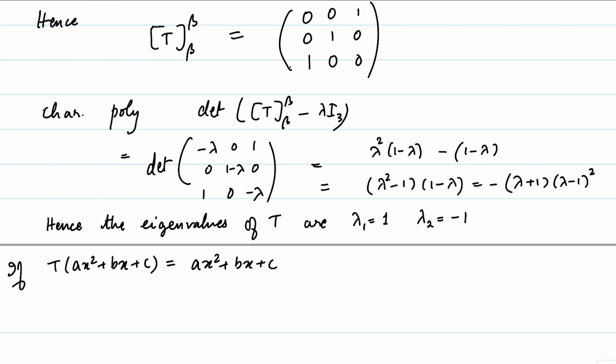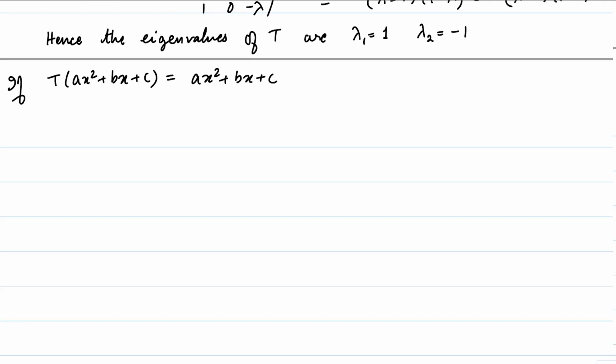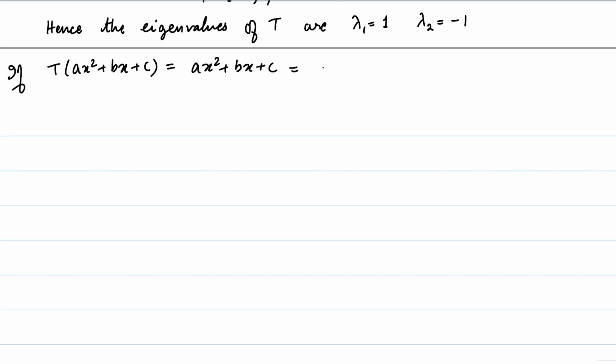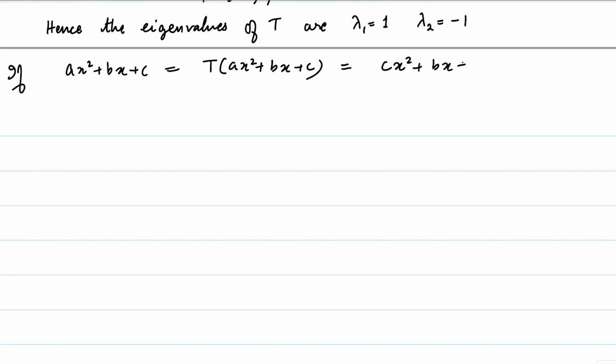And if this is the case, then what do we have? Let me write it like this: ax square plus bx plus c will be equal to T of ax square plus bx plus c if ax square plus bx plus c is an eigenvector corresponding to the eigenvalue 1. But we know that T of ax square plus bx plus c is cx square plus bx plus a.